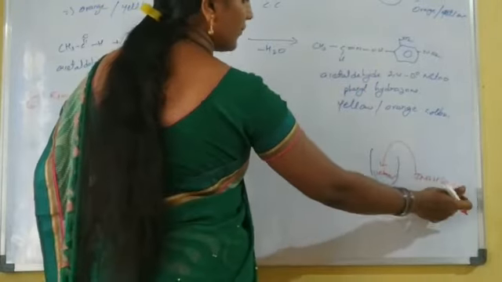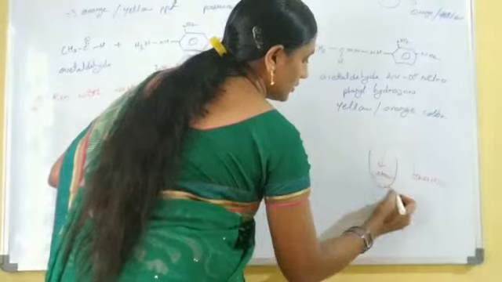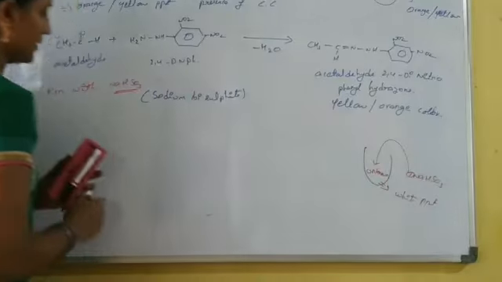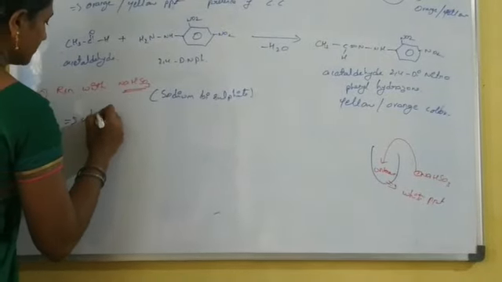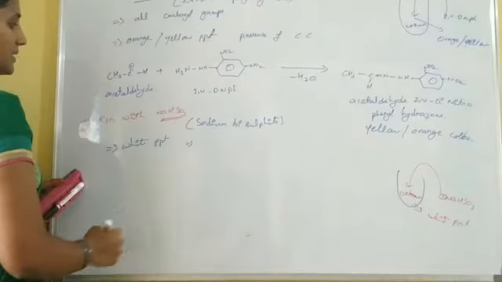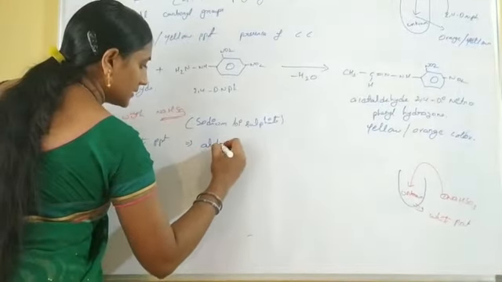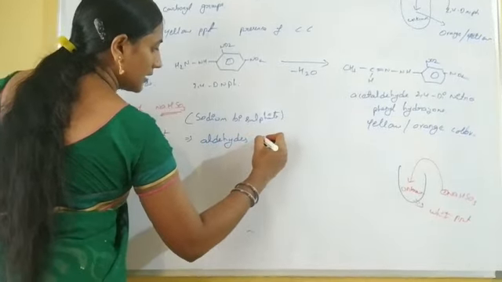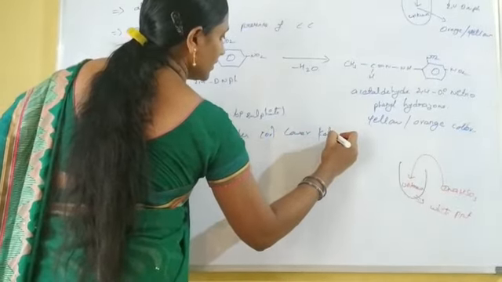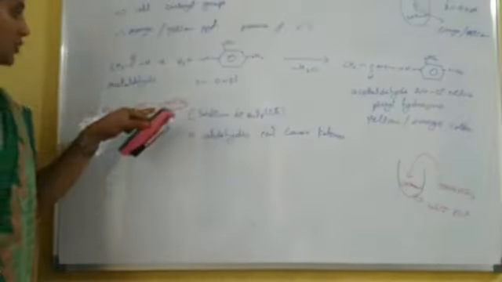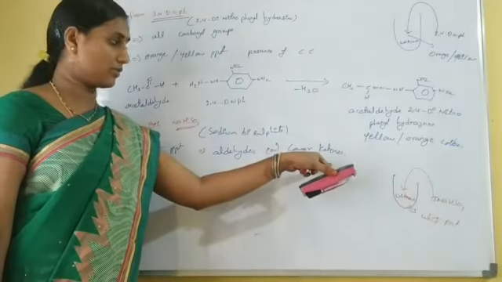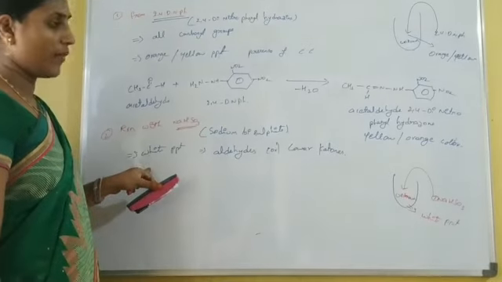Sodium bisulfite reacts with this unknown solution to give a white precipitate. That white precipitate is indicating aldehydes or lower ketones. That means sodium bisulfite test is given by aldehydes or lower ketones. The precipitate color is white.